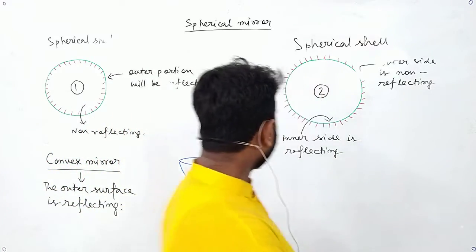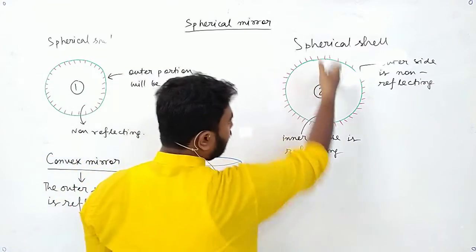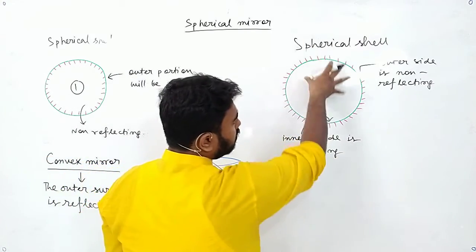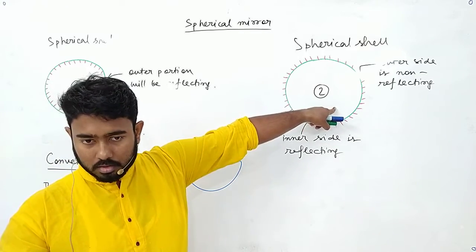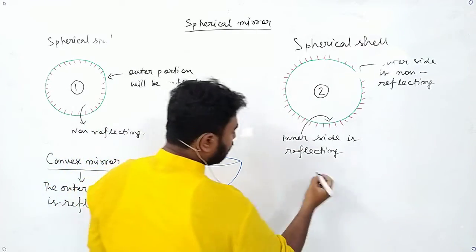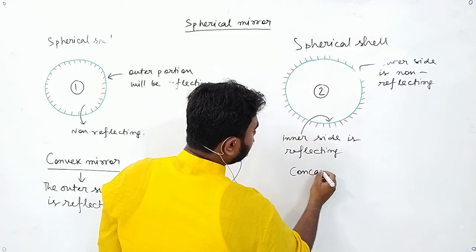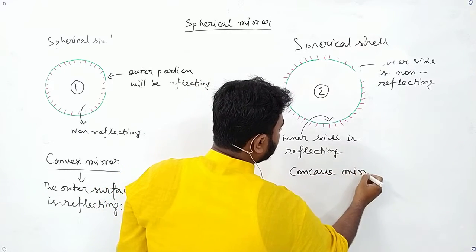Okay, now if I cut out any portion from this mirror, its inner side will be reflecting. So in this mirror we will be getting a concave mirror.